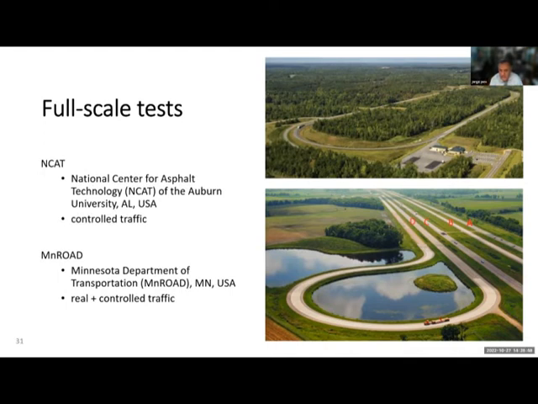The real traffic is applied on the freeway, where we have three lanes, and we can cut one for maintenance and for testing. So it's very, very flexible, where we can do a lot of things. And they also have a loop for controlled traffic. In fact, they have two loops, one for heavy traffic and another one for agricultural traffic.